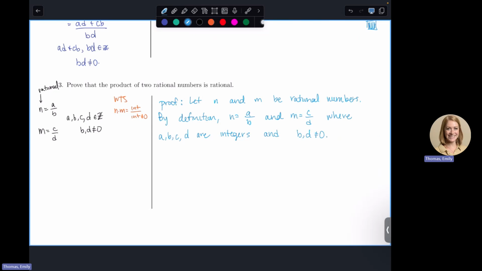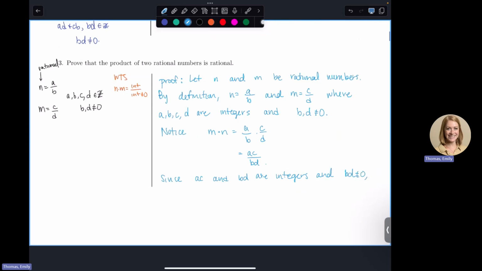Okay, yeah. Notice that M times N is equal to A times C over B times D. Now, since AC and BD are integers, and BD is not 0, M times N is rational when M and N are rational.